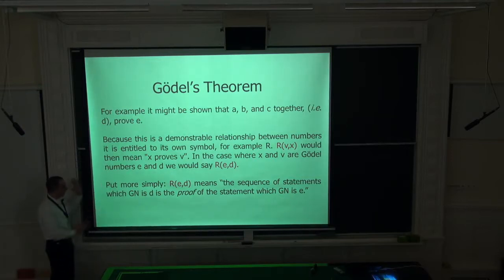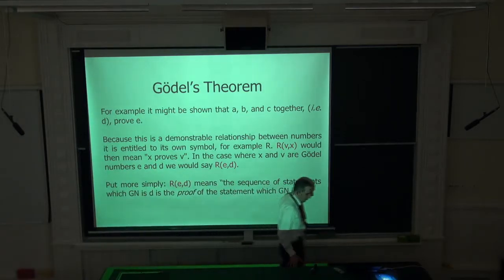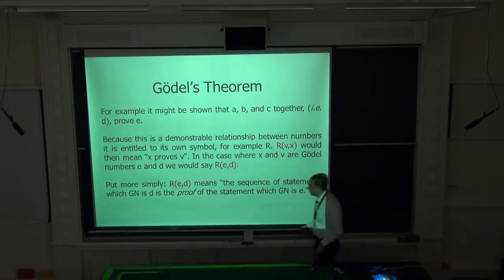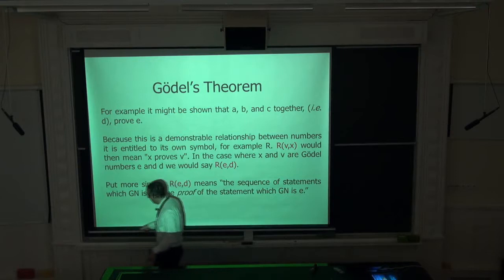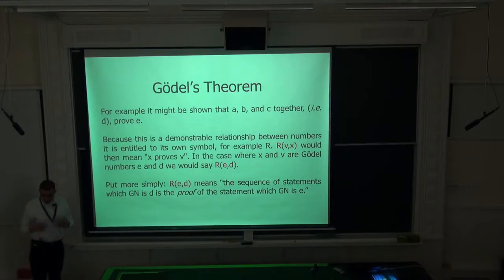Now, assume that the integers on this axis correspond to proofs, so these are different proofs. And on this axis are integers that correspond to targets of proofs, theorems that I want to prove.